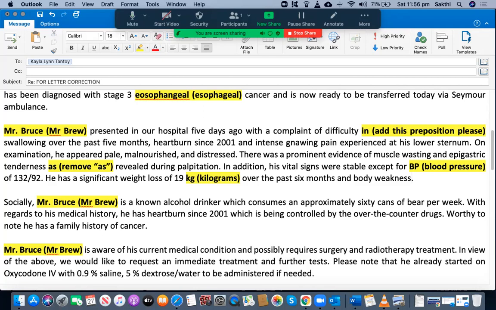Okay, and body weakness, I don't know why you have included it here, because if you would like to say that over the past 6 months he has lost 19 kilograms, you could have mentioned it over there as well, and then body weakness shouldn't be mentioned here.